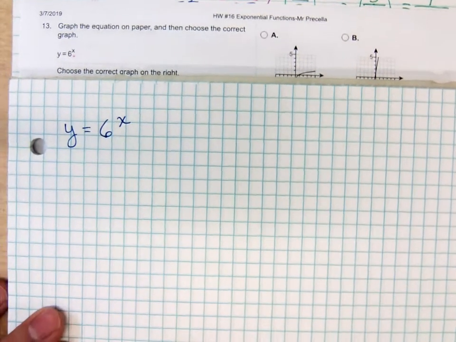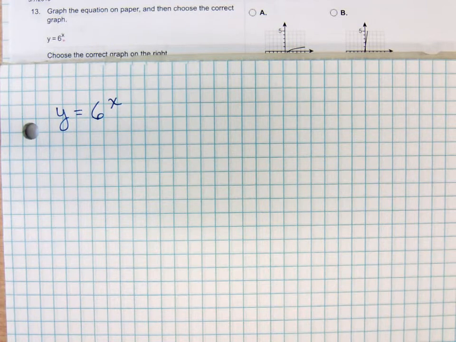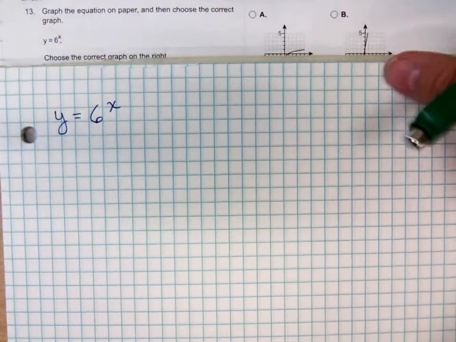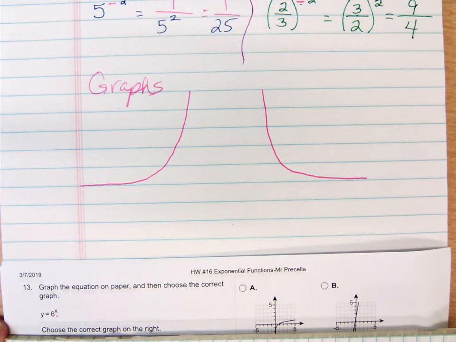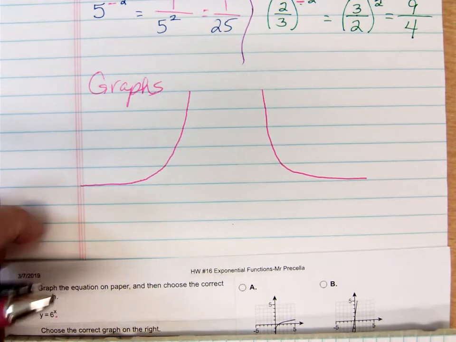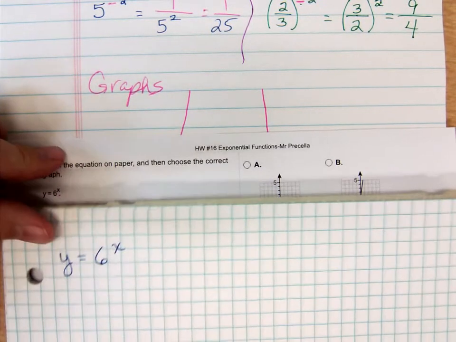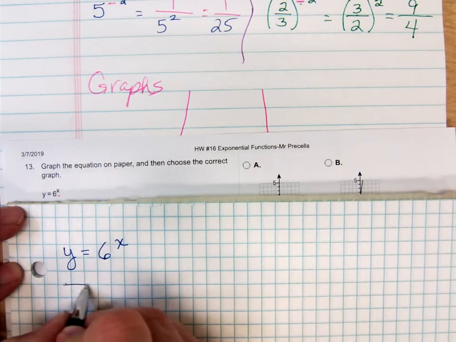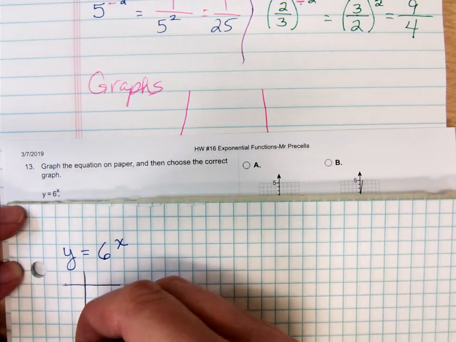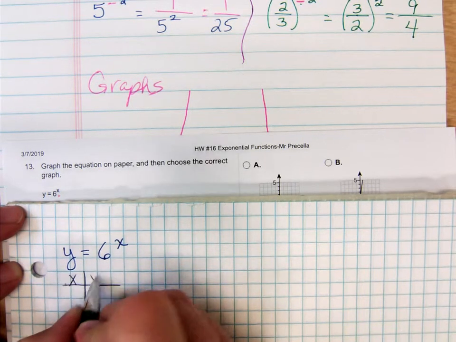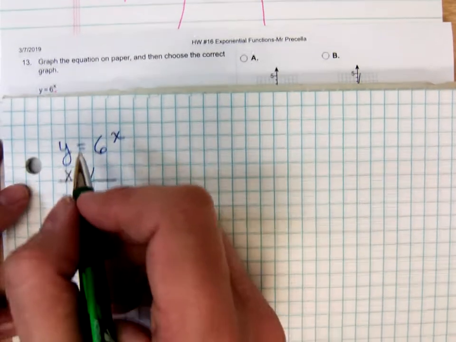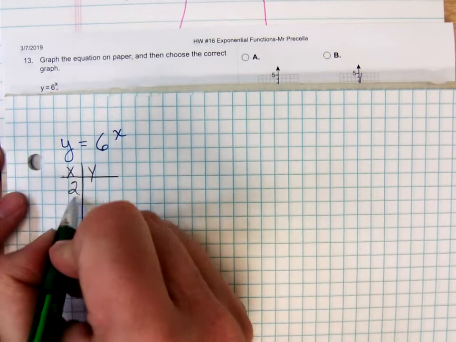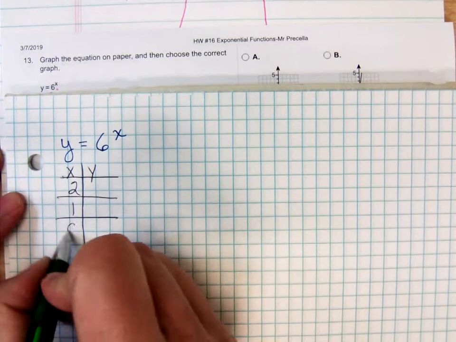The way we'll do this is just by plugging in some numbers. Keeping in mind, the graph's going to look like one of those shapes. Okay? So, if I make a little XY table here, I'm going to just plug in from 2 down to -2. How about that?